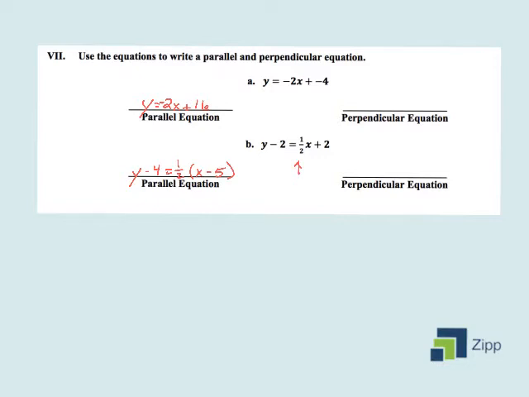I could have actually written this in slope-intercept form and just picked any y-intercept, and it would be parallel.